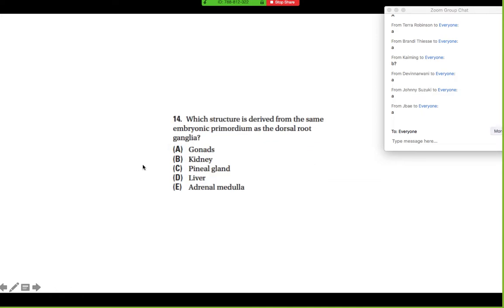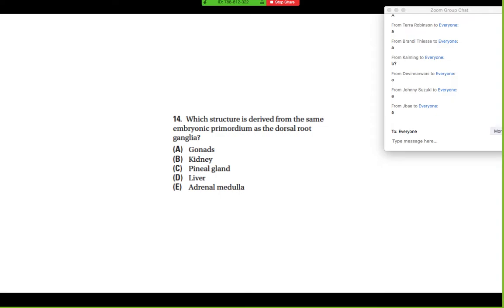The first indication of gastrulation in the embryo is... Yes, formation of the primitive streak. Good job. All right, a little bit tougher question maybe.